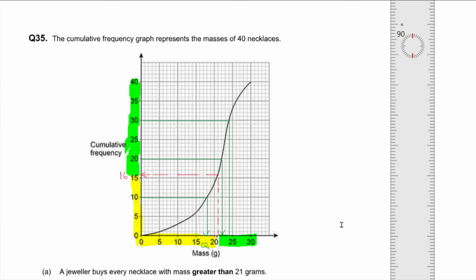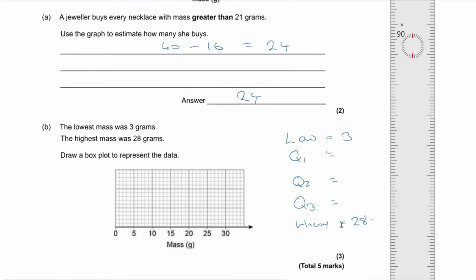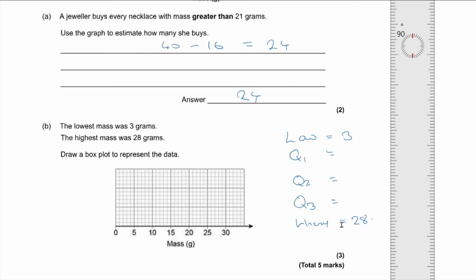That's Q2, the median, which is at 22. And then Q3 is here, which is at 24. So I've got Q1 at 18, Q2 at 22, and Q3 at 24. Okay, so then once I've got all my values, I can then draw the box plot.